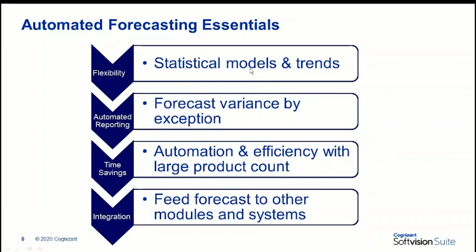Having an automated forecasting system like Venture 21 is really key in providing you with the flexibility to make adjustments to your models and trends, as well as allow you to quickly access reports or exceptions so that you can make adjustments, and overall just provide you with the time savings and efficiencies that are essential right now for streamlining your inventory long term, as well as just ensuring your overall success during this time period.